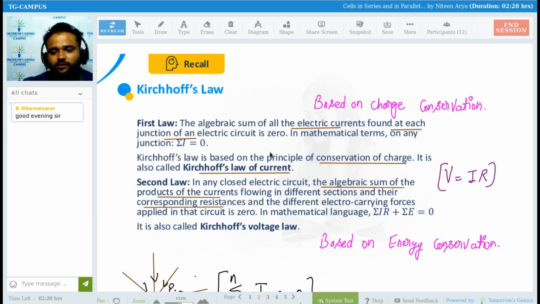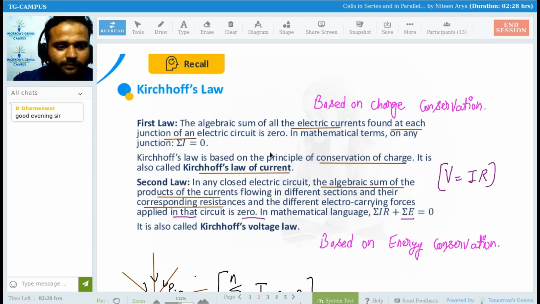The algebraic sum of the differences and the different electromotive forces applied in the circuit is 0. In mathematical language, the summation of IR equals the summation of EMF. EMF is nothing but the voltage of a cell when the current is not flowing.